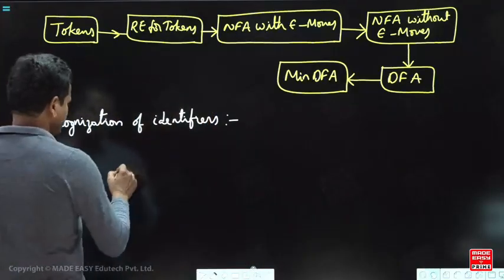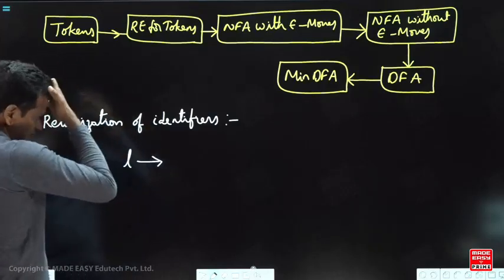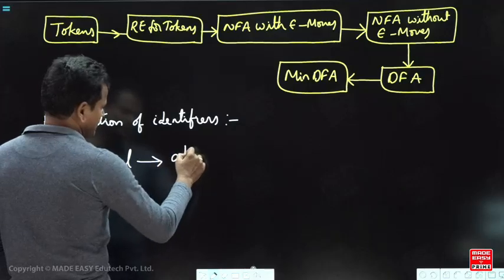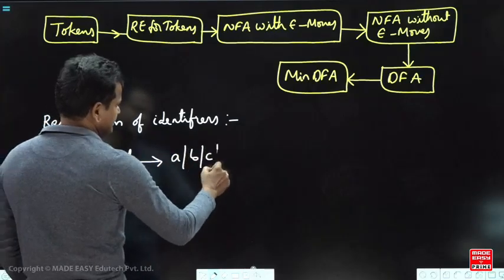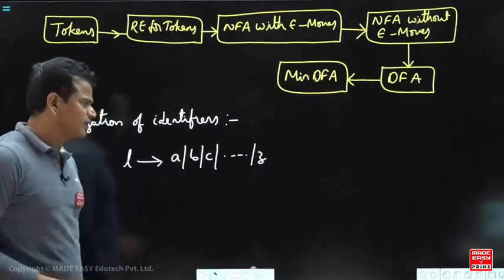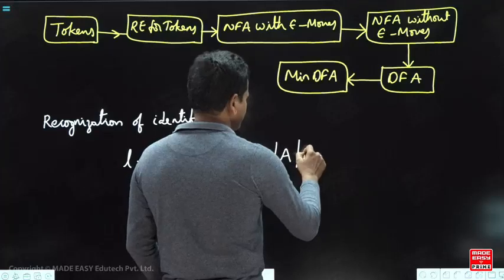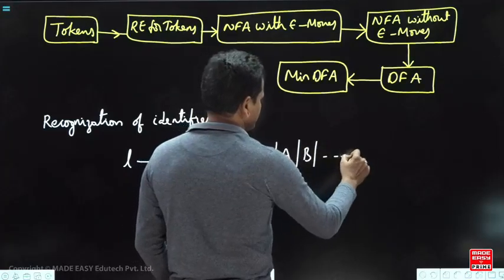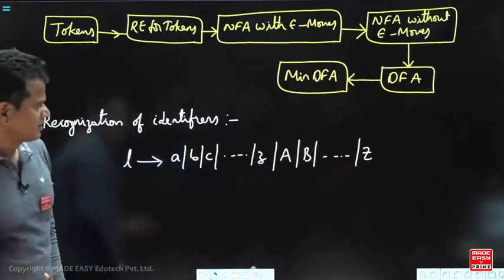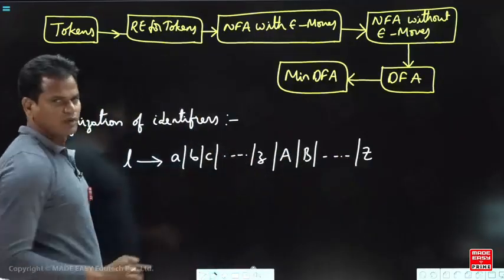So I take L. L stands for letter. A letter can be a small letter a, b, c, and so on, z, or capital letters A, B, C, and so on, Z. If the language doesn't support uppercase letters, then we will take only lowercase letters.